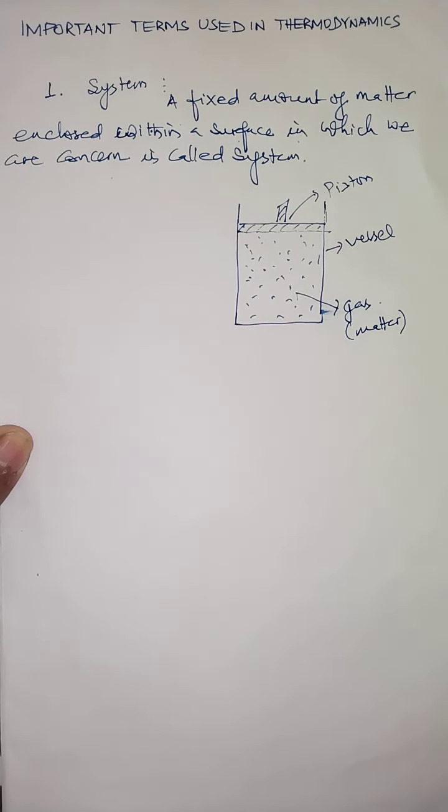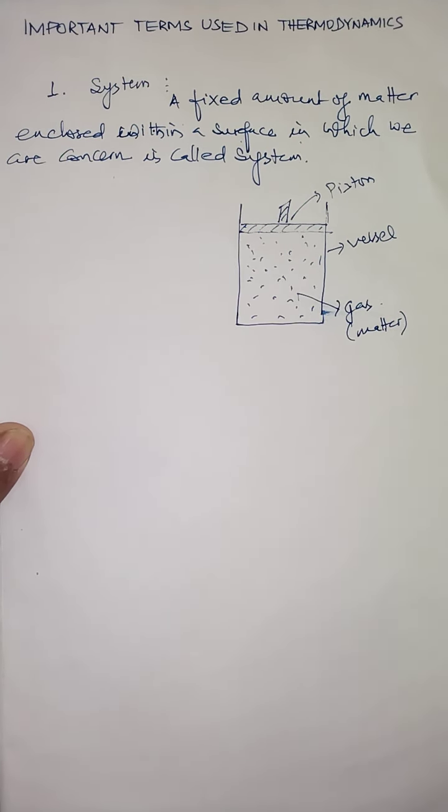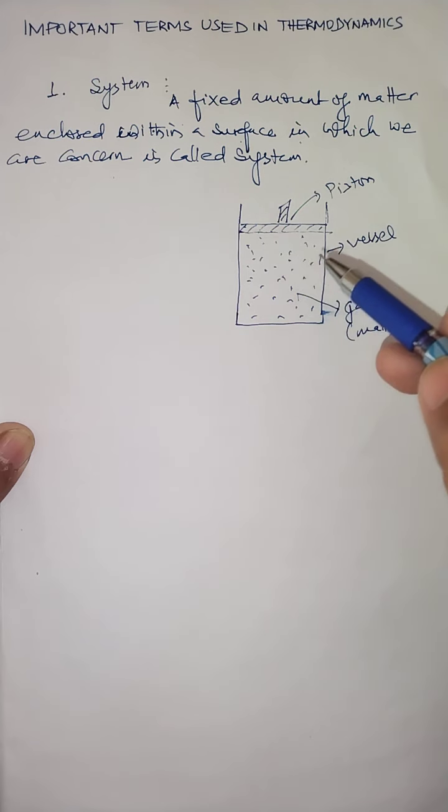But it is not necessarily a gas only; it can be a liquid, a solid, or others. So this is called system. In thermodynamics, children, our attention is always focused on the system.